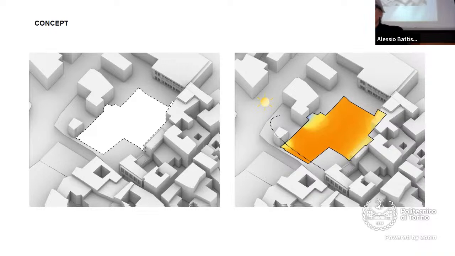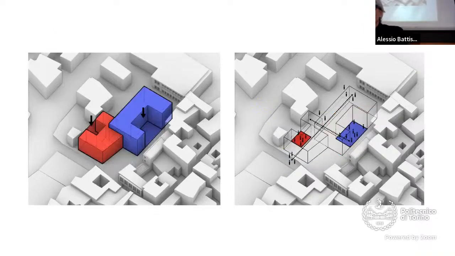So we start from the environmental issues, then we decided to improve the idea of the patio. So we work with the importance of the empty space more than the built space. And so around all the empty space, we define the building.